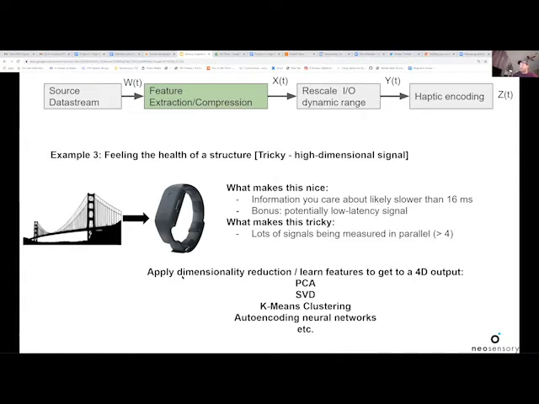I'm listing a bunch of them here as launching points for you to look up if this is the kind of challenge you run into. For example, you have principal component analysis, PCA, singular value decomposition, SVD, and k-means clustering you might be able to apply. And then there are also some ways of doing this with neural networks, like using autoencoders. With these techniques, you can take a high dimensional data stream and squish it down into fewer dimensions.